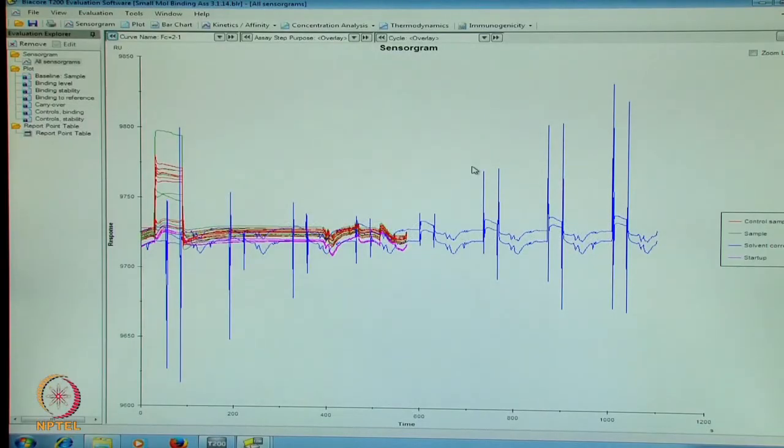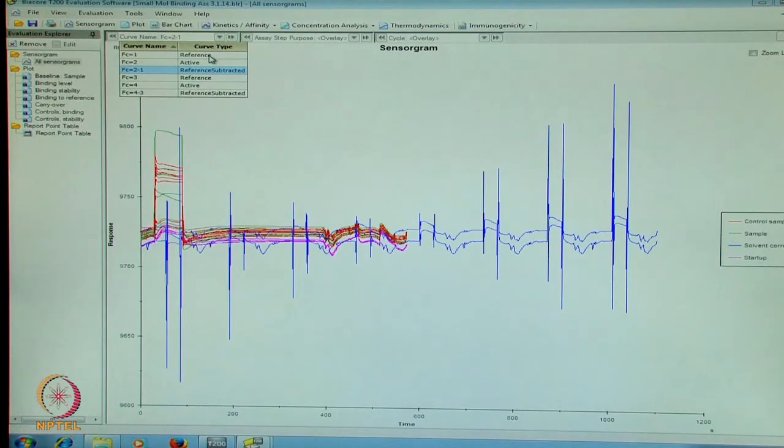Small molecule binding, once the wizard is set up and the experiment is done for at least 4 to 6 hours, we will open the data file to see the data. So this is how the data looks like with all the control samples, sample, solvent correction and startups overlaid on each other. Here we can see we have the reference surface, active surface as our human serum albumin.